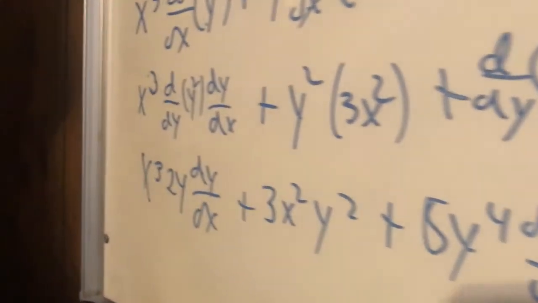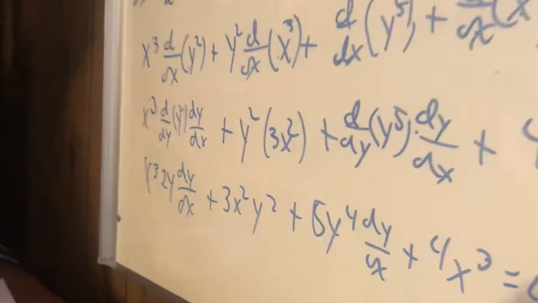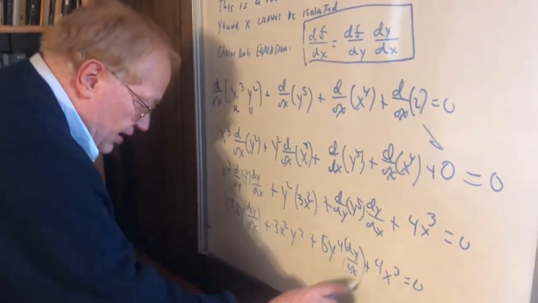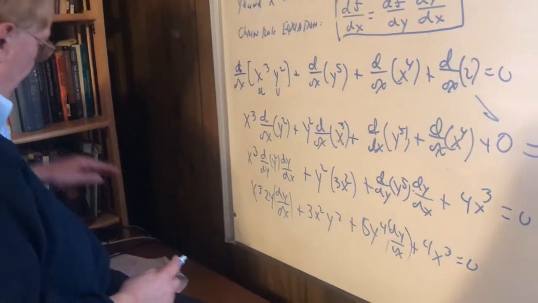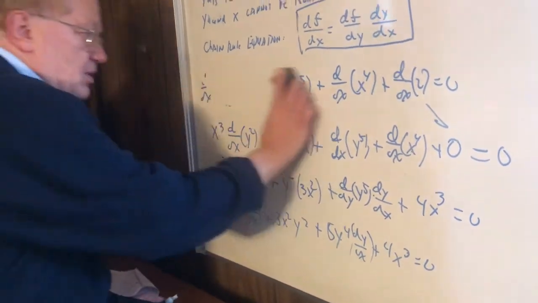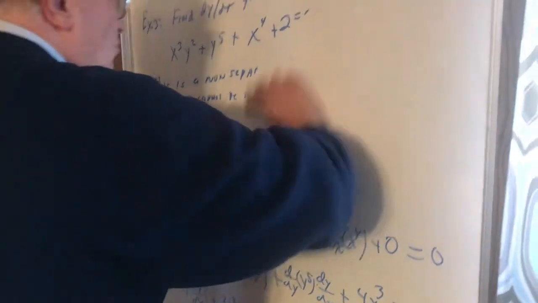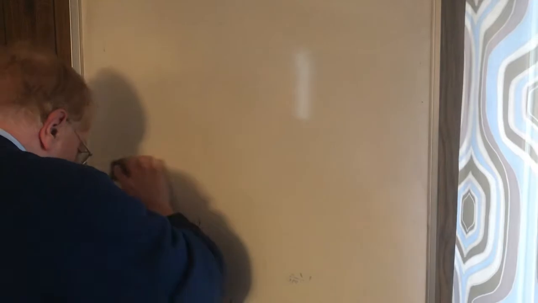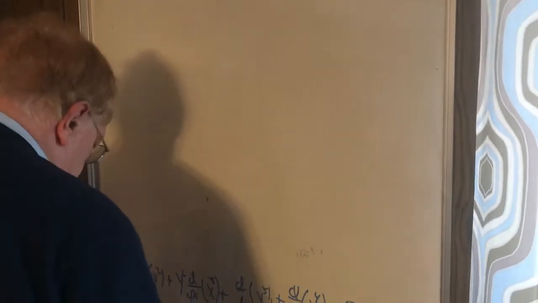Now what I want to do is solve for dy/dx. That's my variable. It says find dy/dx.